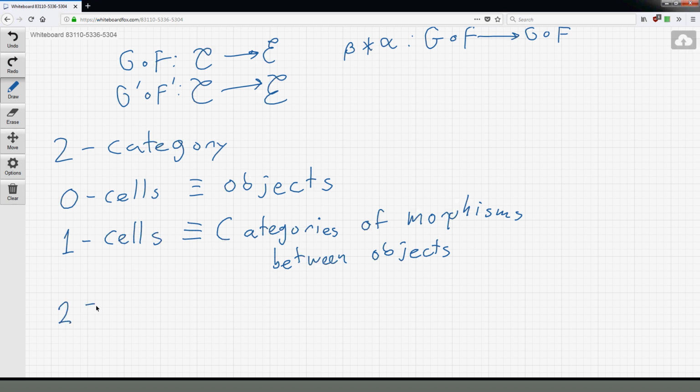And then the two cells, as you might imagine, are the morphisms.